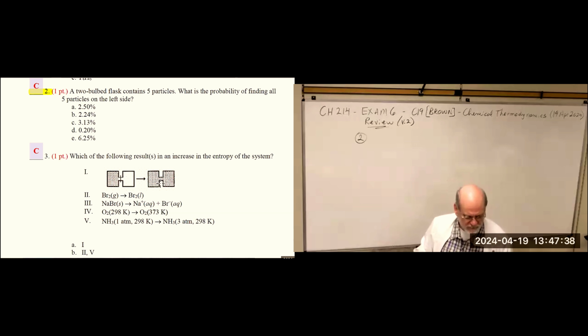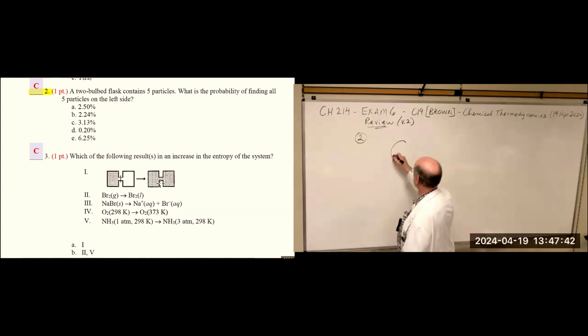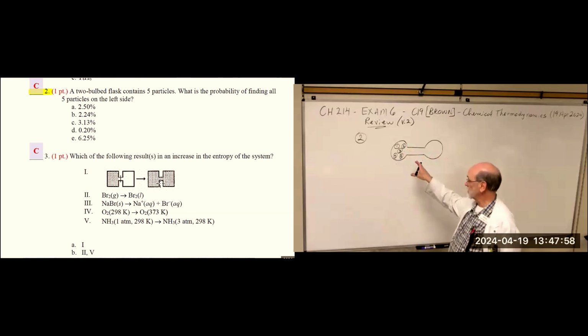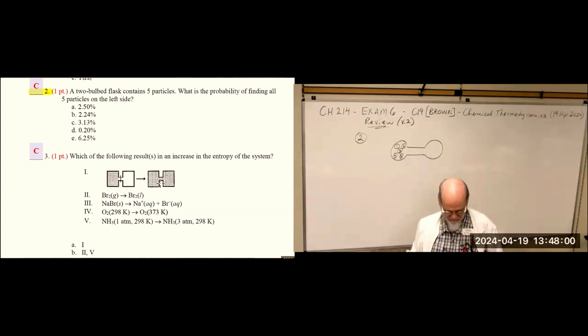Okay, a 2-bulb flask contains 5 particles. So we've got 5 particles in here. At that point, they're all on one side. What's the probability of finding all 5 particles on the left side?